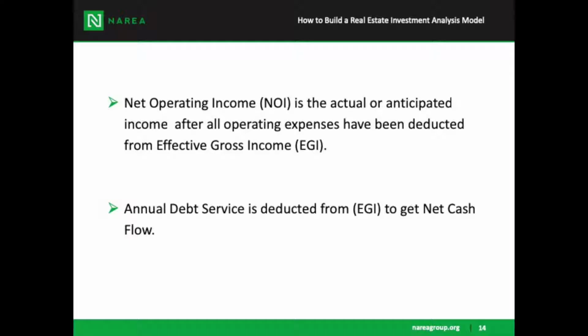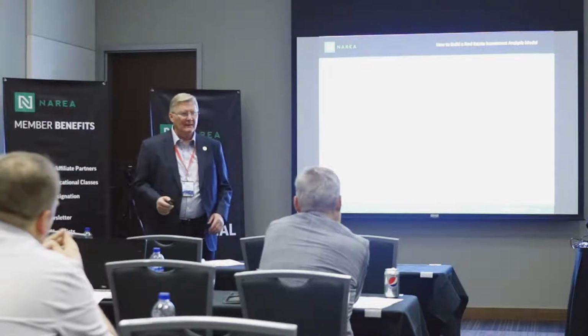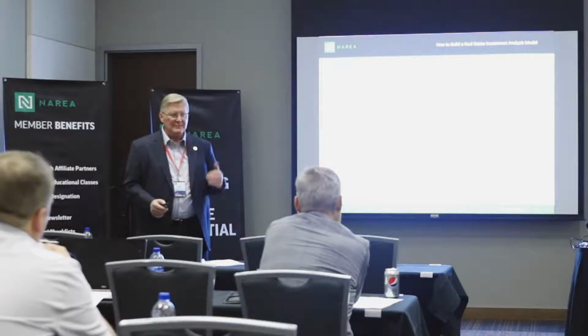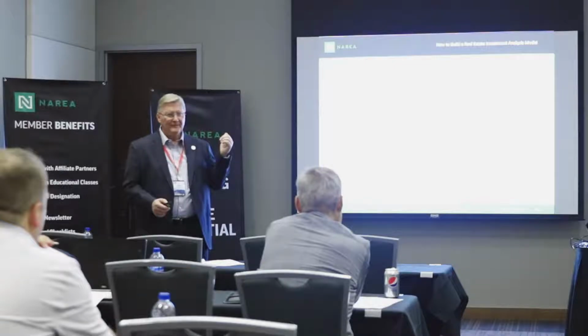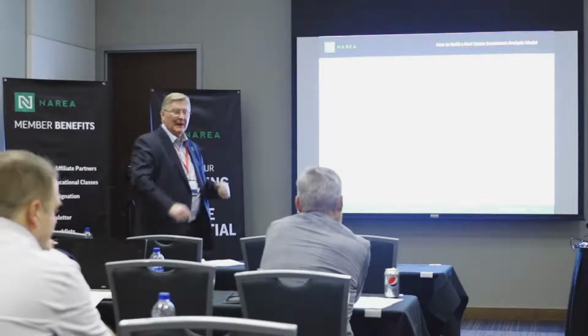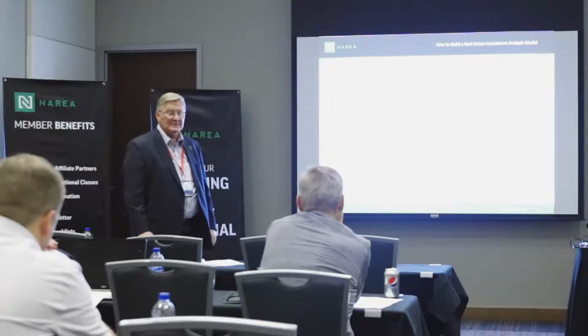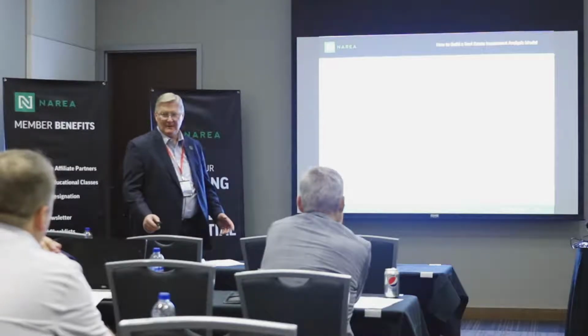And once you get to operating expenses, that's where you end. Why wouldn't you include debt service in that? Why wouldn't you include your mortgage payment in the calculation of NOI? Any idea? You can't compare one property to another based on debt, because every borrower is different and every loan is different.